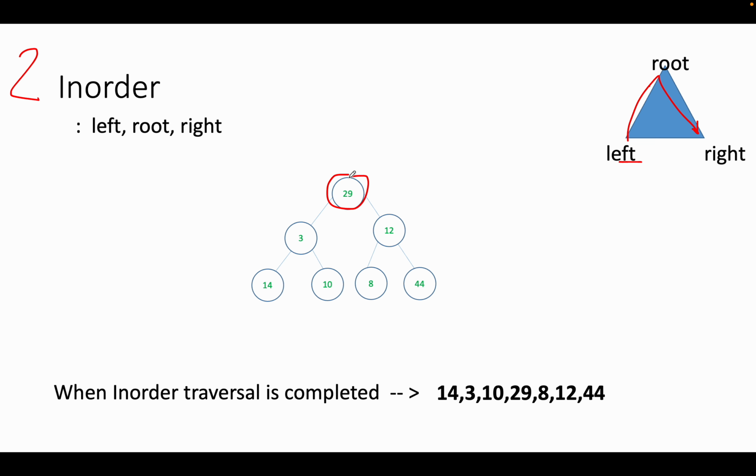So for example, here is the root, this is left and this is right, and then gonna start from the left, and then here is root, this is left, this is right. So left 14, 3, 10, this is left, and 29, and here it starts from 8, root, 12, and 44. Got it?